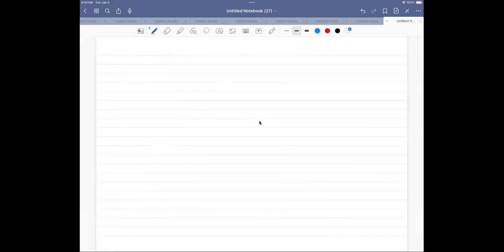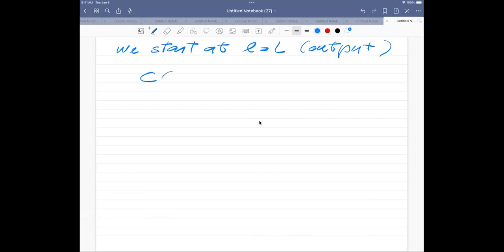We place ourselves at the last layer. So we start at the output. So this is the output layer. And in our case, what we have then is the function of these parameters.